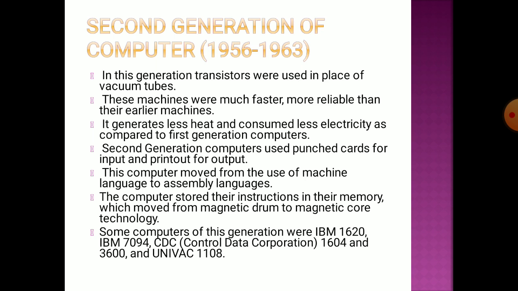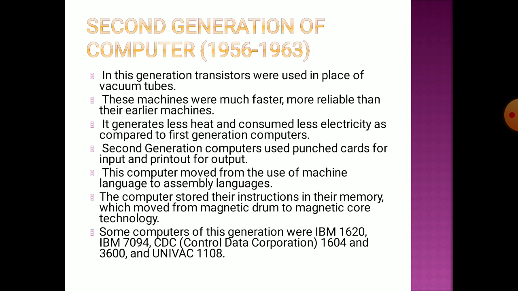But here in your second generation, only 1/4 of the room is occupied. Suppose this is your one room, 1/4 of that room was enough to maintain your second generation computer. So that much size has been reduced in your second generation of the computer.